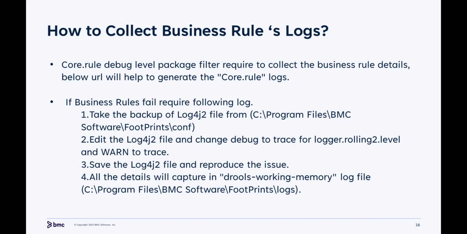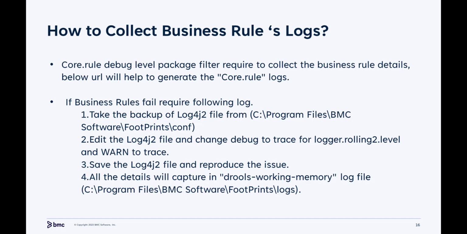If a business rule fails, let's understand how to collect the logs to troubleshoot the issue. Add the core.rule debug level package filter to collect the business rule details, and take a backup of the log4j2 file from the footprints folder. The log4j2 file is located at C program files BMC software footprints configuration folder.